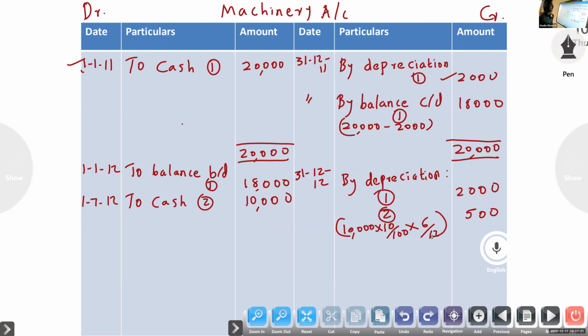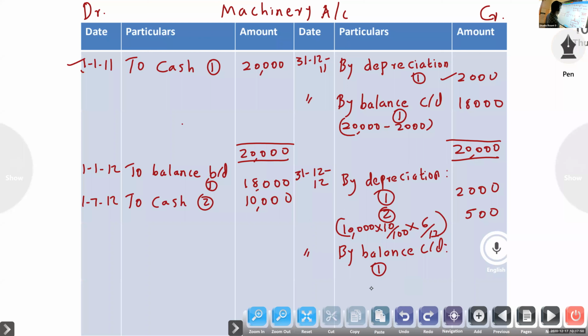Okay, so now over. Now we can write by balance c/d. First one, 18,000 minus 2,000. If you are not writing 18,000 minus 2,000, also no problem, only write the amount. 16,000.